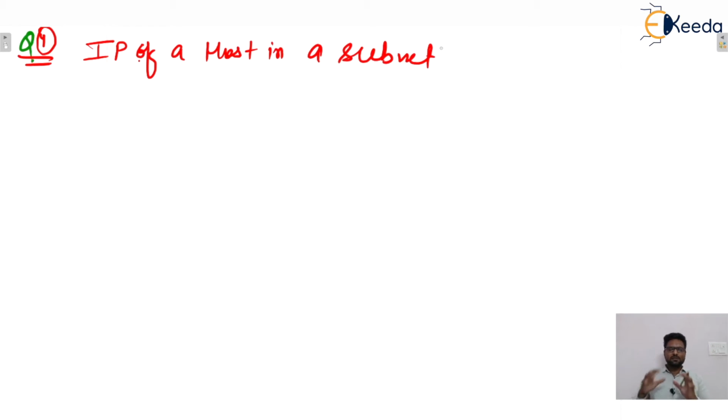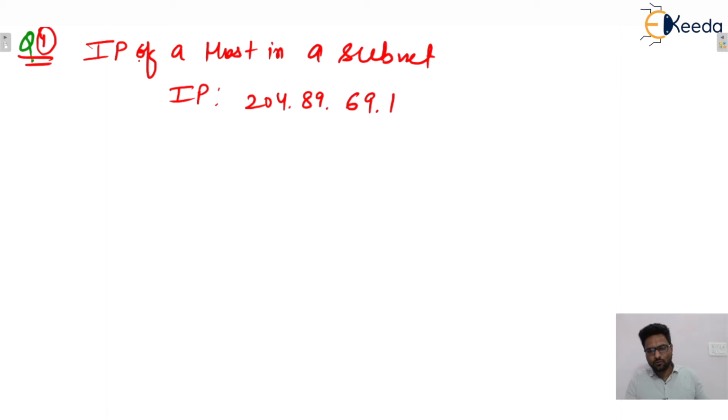One network was divided into different subnets, and one IP address is given of a particular host. That host will belong to some subnet. So this IP address is given to you: 204.89.69.119.